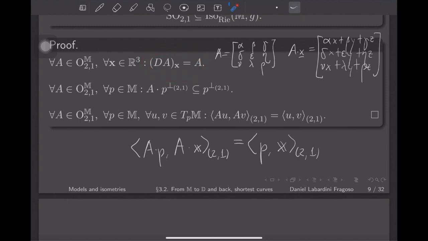And inside each tangent plane, it preserves the inner product.